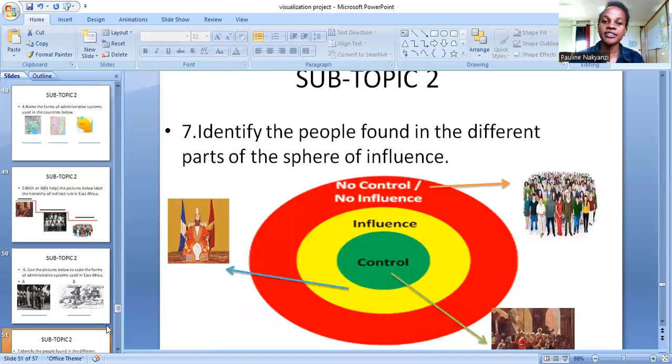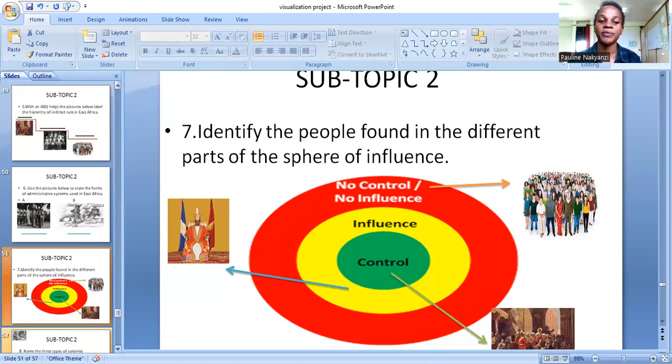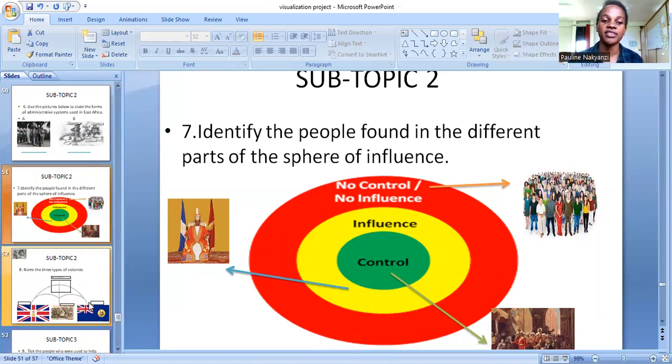And this was to identify the people found in the different parts of the sphere of influence. With the aid of the pictures, the students can be able to write the people in the different spheres.